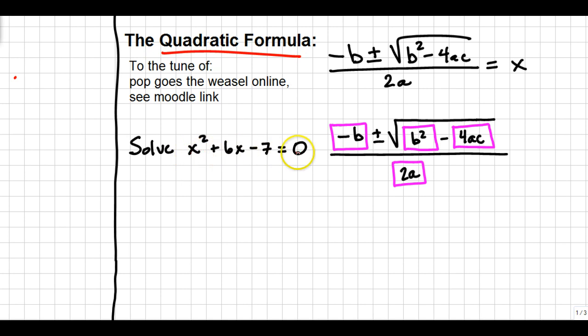Most of the time when we're solving, we try to isolate the x and get the x alone. But if you look at this question, we've got x squared and we've got a plain x. If we try to simplify and get those x's to be alone, we still would need to combine them. But they're not like terms, so there's no way for us to isolate an x here.